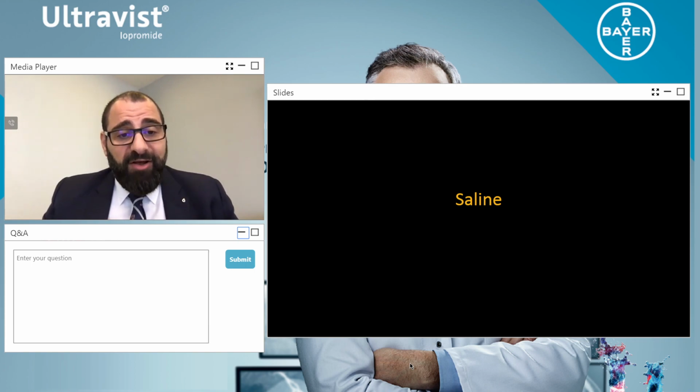When you inject saline, what it does is it activates the antidiuretic hormone from the pituitary gland. And by doing this, it actually increases the kidney function. Now, when you increase the kidney function, it starts to filter out the iodinated contrast media from your vascular system. And so it pushes it to the kidneys a lot faster.